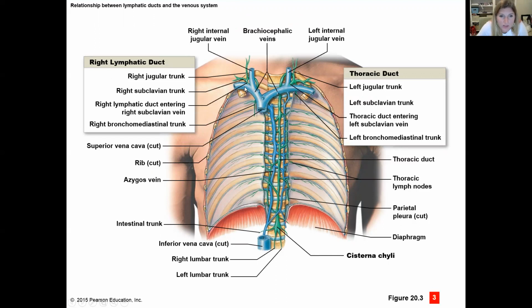Here's the right lymphatic duct, and here's the thoracic duct. Obviously, the thoracic duct is much larger. The cisterna chyli right here, right underneath the diaphragm, is collecting all of the lymph from the lower part of the body. It's another filtering station.